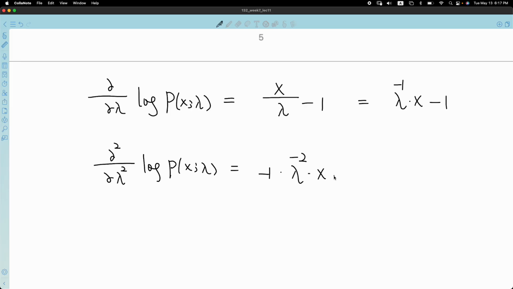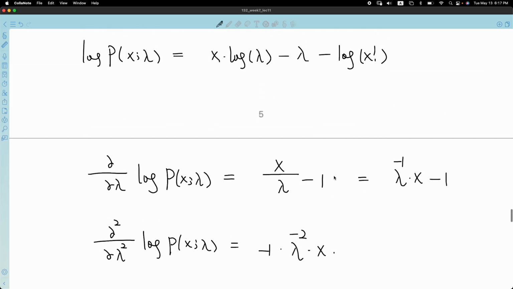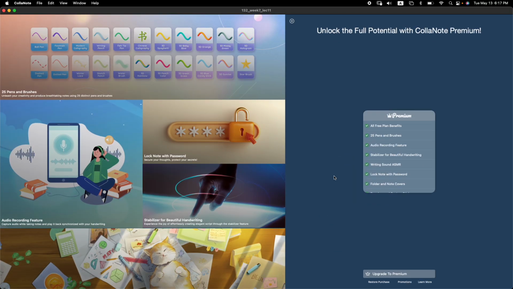Okay, any question or comments regarding the derivatives or the log transformation here? Let me pause for a second to see if you have any question for the log transformation and the derivatives. It usually takes 7 seconds for people to come up with a question. So let's pause for 7 seconds. All good? Okay.